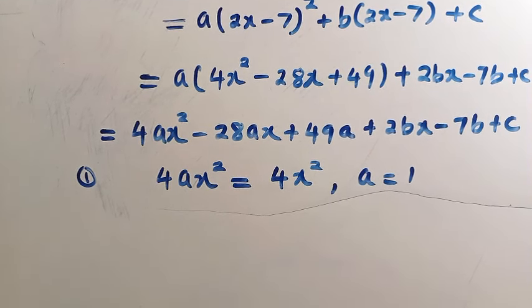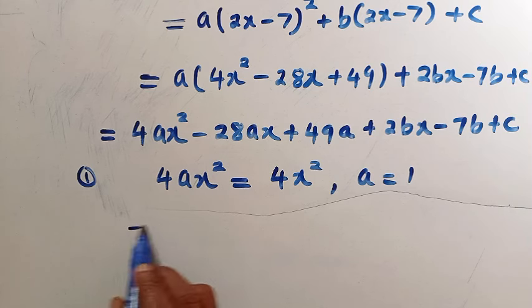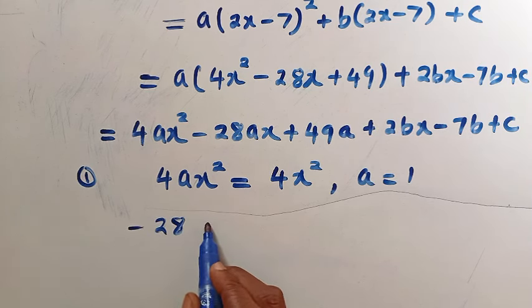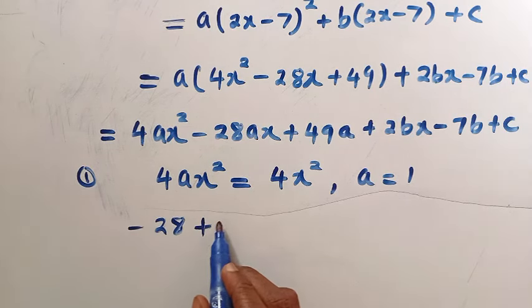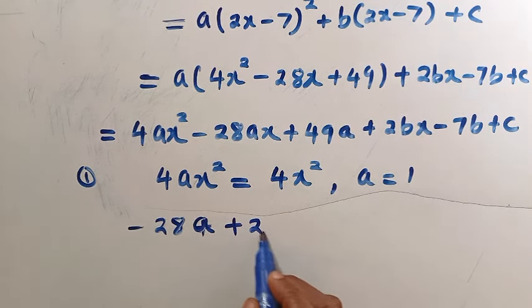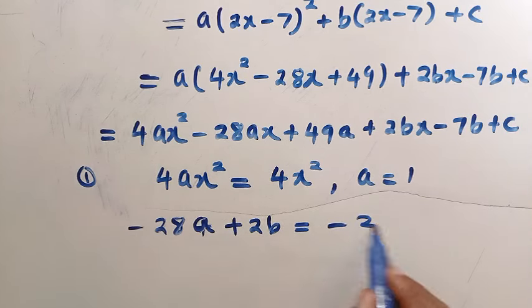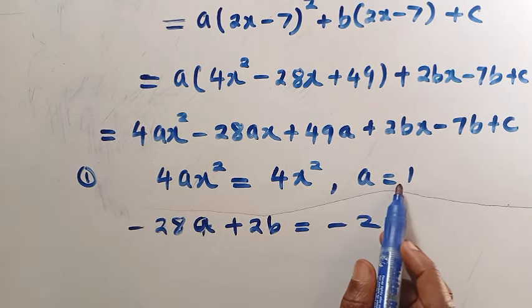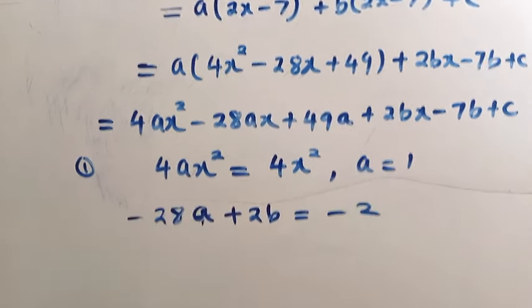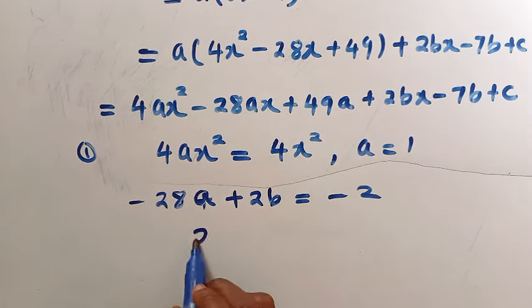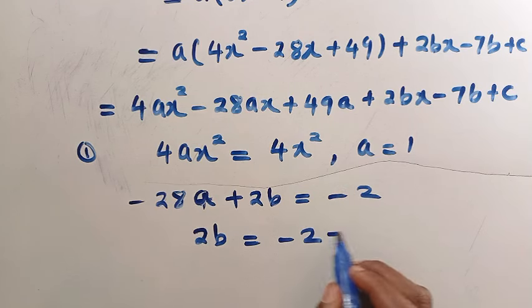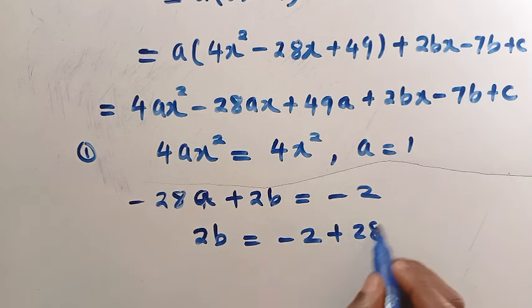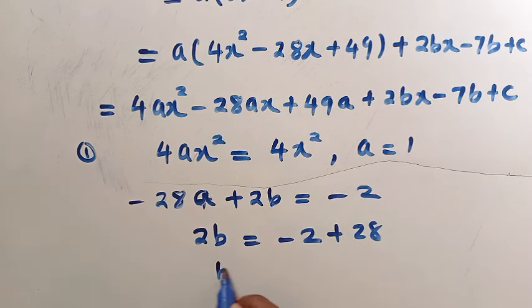So combining these together, we have minus 28a plus 2b equals minus 2. So the value of a here is given as 1. By replacing this, it gives us 2b equals minus 2, taking this one here, that is plus 28. And here our b equals 13.